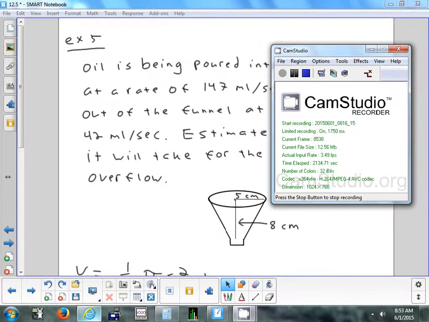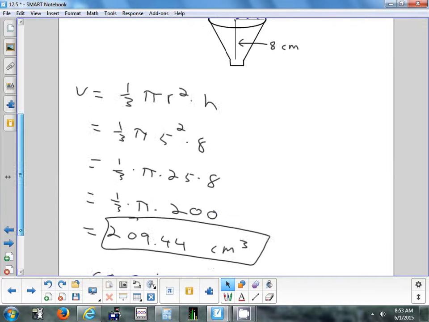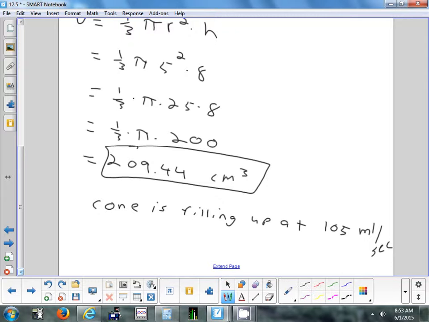Not all conversions are that nice. Some of them are a little more complex. So now what would I do? I've got the volume that the cone can hold, and I've got how fast the liquid is filling up. What would I do next?